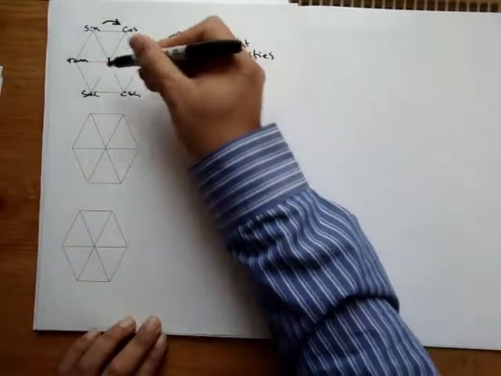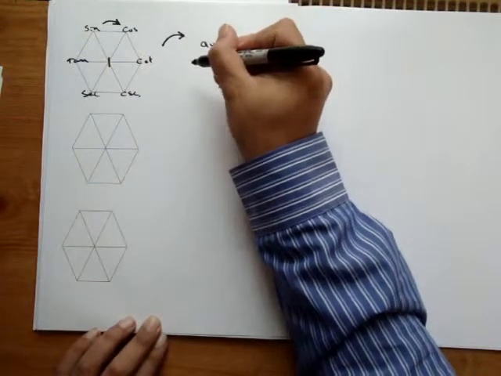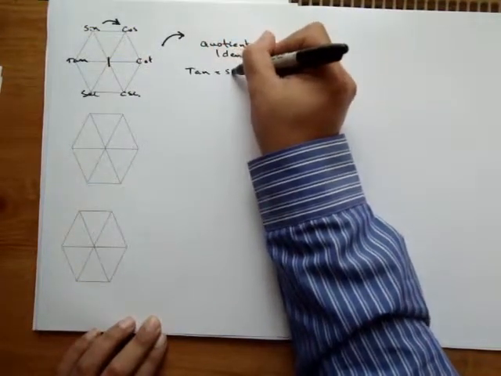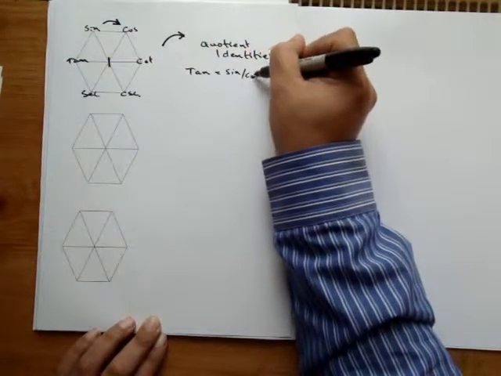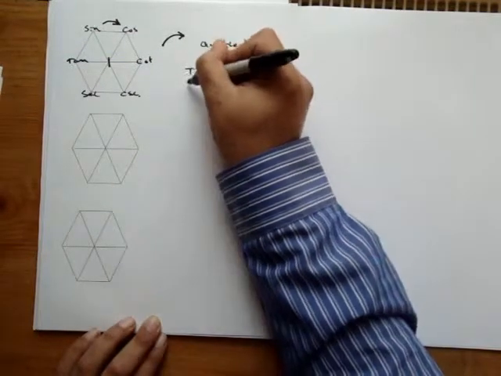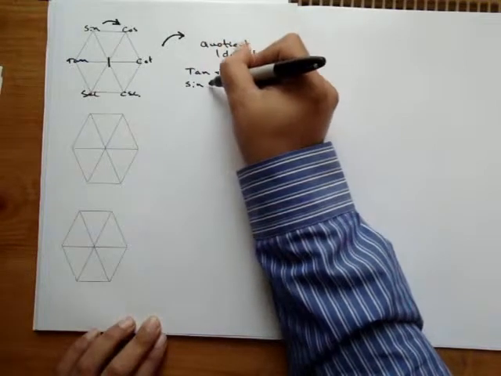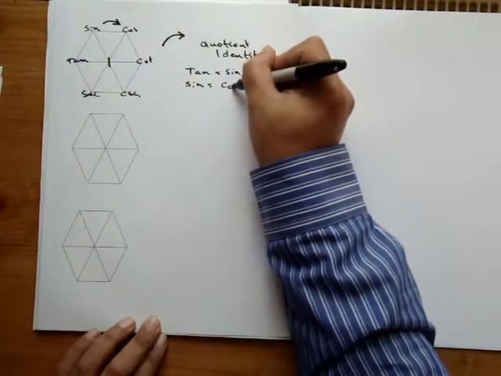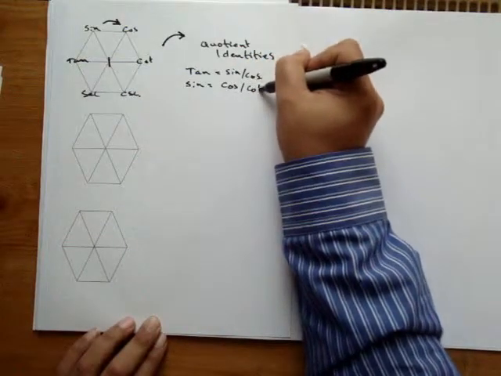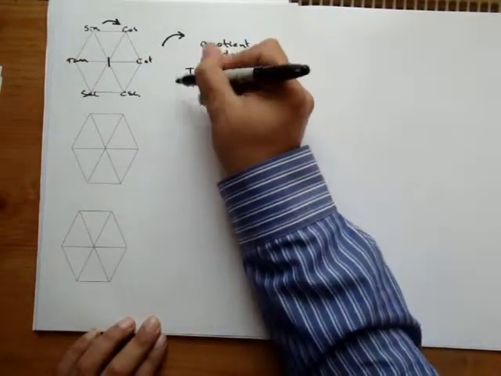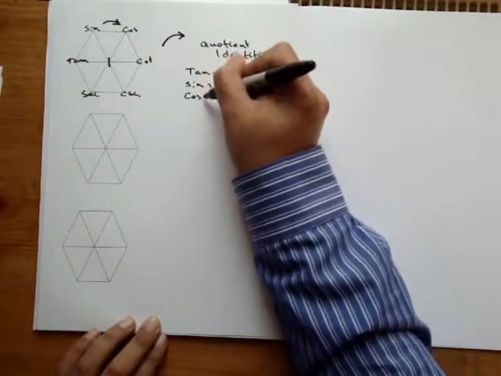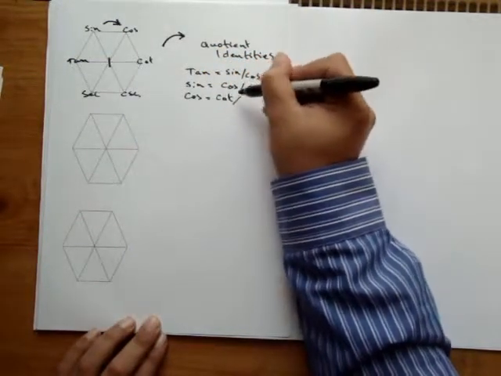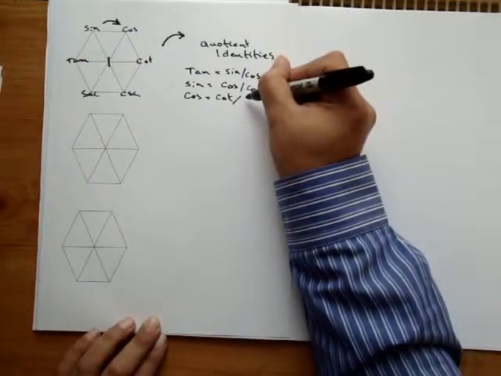So if we start at tan and we're going round, tan equals sine over cos, sine equals cos over cotangent, and cos equals cotangent divided by cosecant.